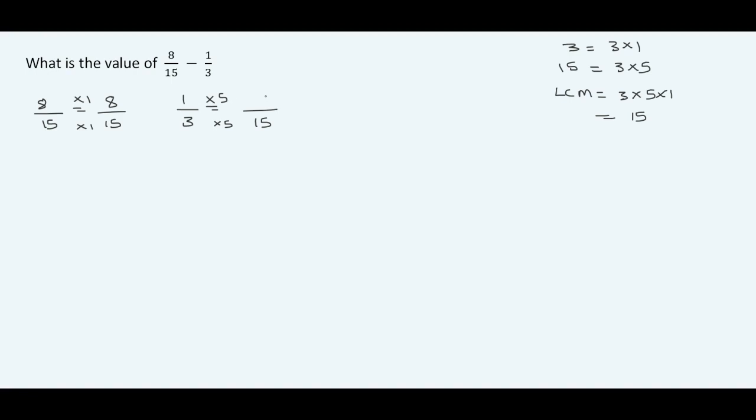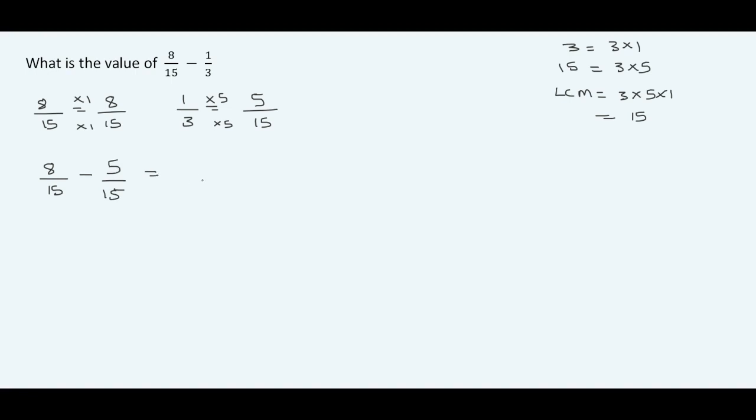So 1 multiplied by 5 is 5. So now our new fraction is going to be 8 over 15 minus 5 over 15.